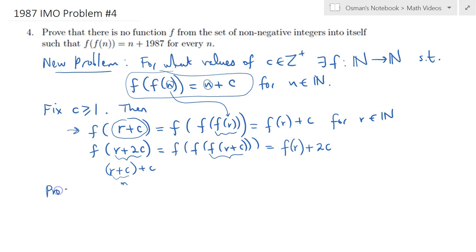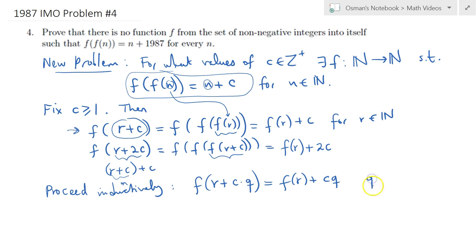As a result, we would find the more general form: if we repeated q times, that would simply be equal to f of r plus cq, where again both q and r are positive integers.